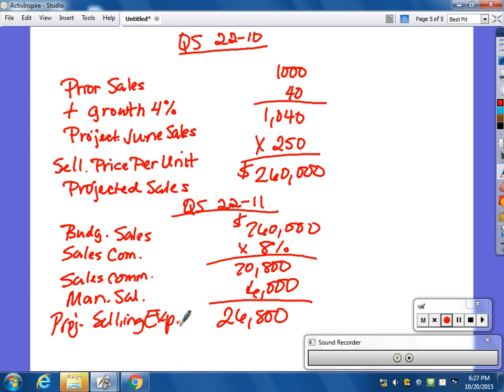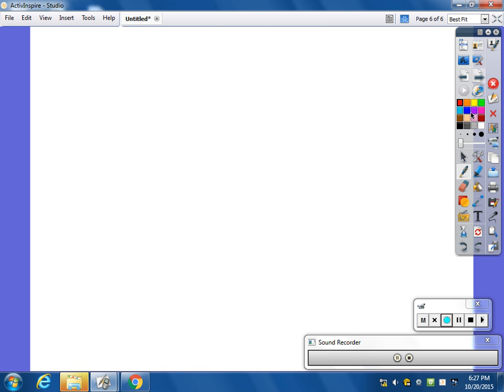Right. 60% of it was cash, so that means 40% of it was credit, right? Yes. 260,000 times 40% is how much?